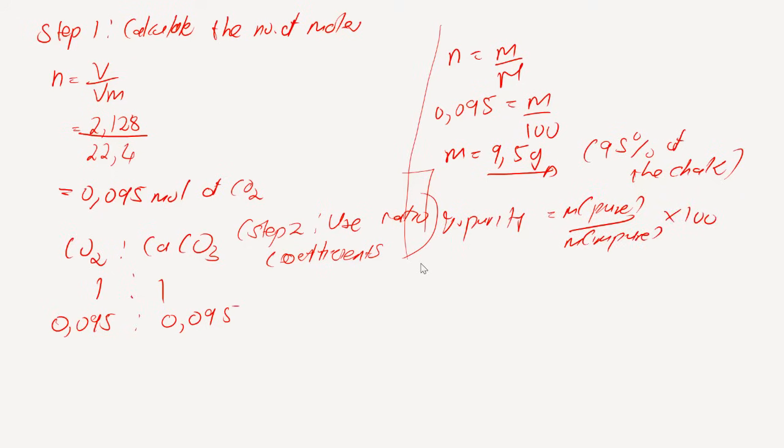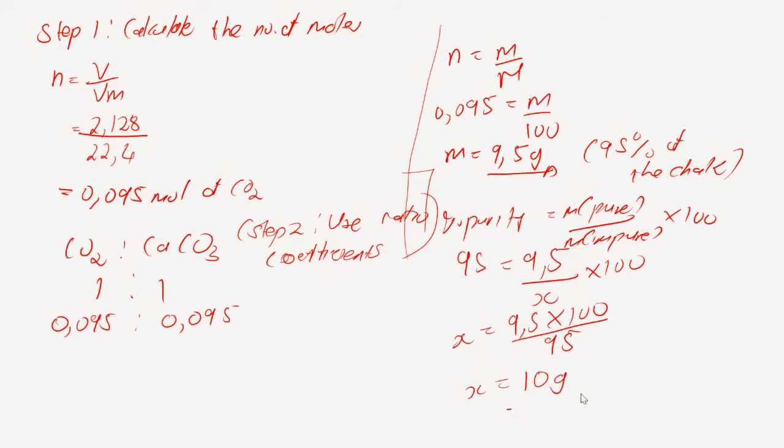We've been given the percentage, which is 95, and the mass of the pure we have calculated to be 9.5, but we don't have the mass of the impure, which represents the chalk. So we can simply say 9.5 multiplied by 100 over 95, right? Punch that in your calculator, this would be 10 gram. This is the mass of the chalk. And just like that, voila, you have your 6 marks.